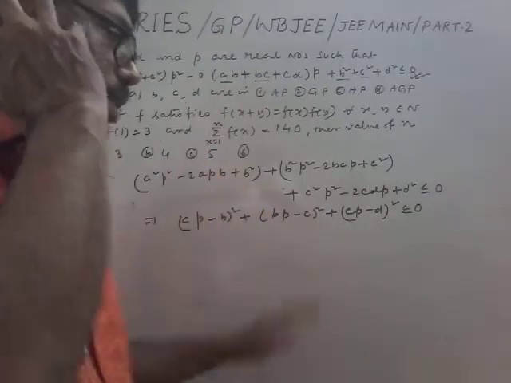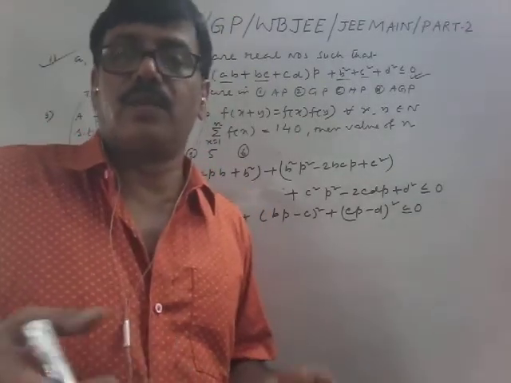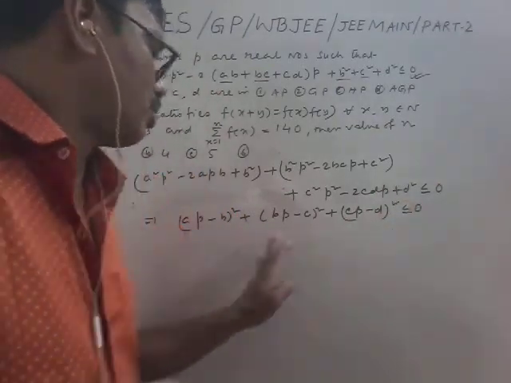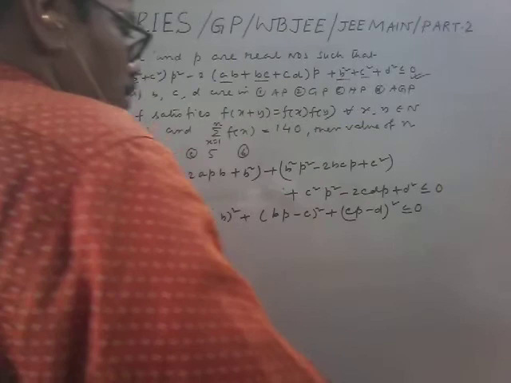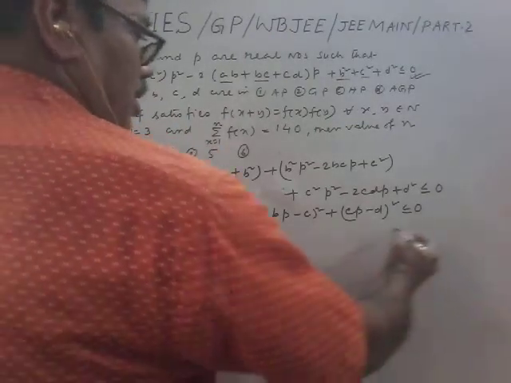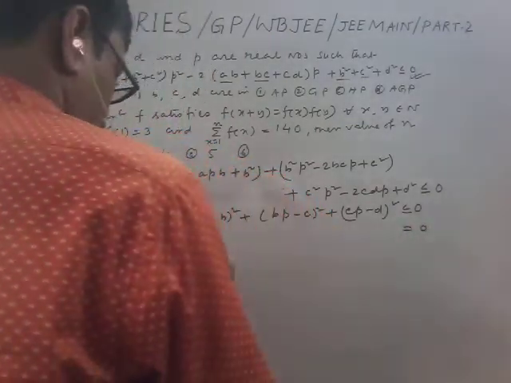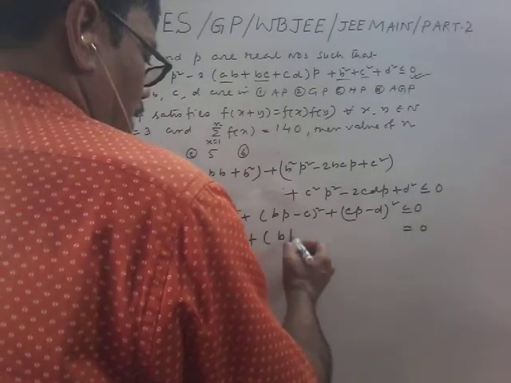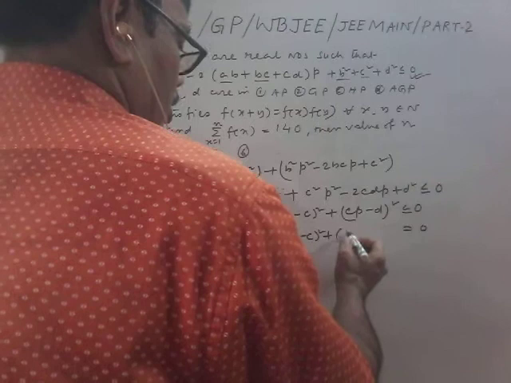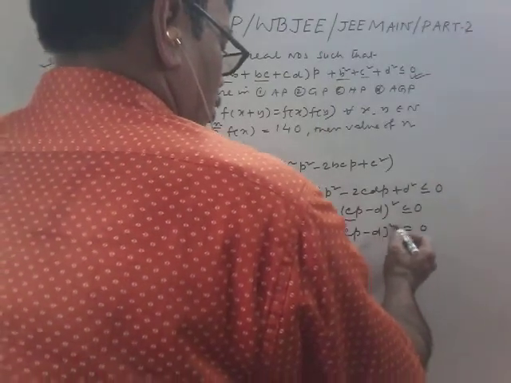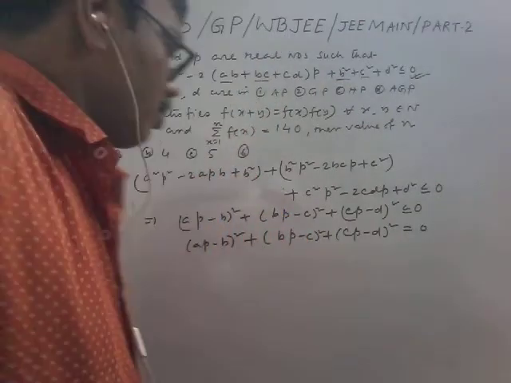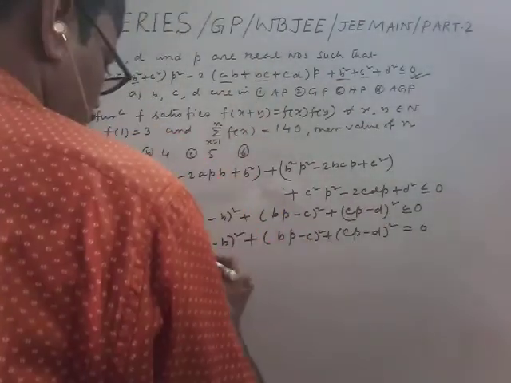So sum of squares of real numbers cannot be negative. So what is the alternative? The only option is this equals 0. So ap minus b whole square, bp minus c whole square, cp minus d whole square equals 0. It cannot be negative. So sum of 3 squares equals 0.